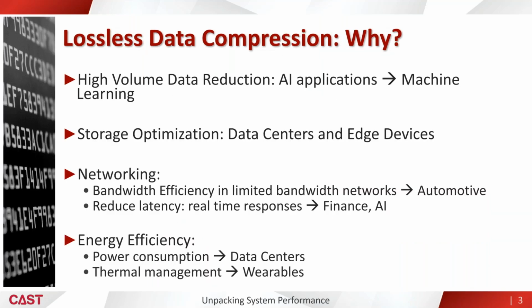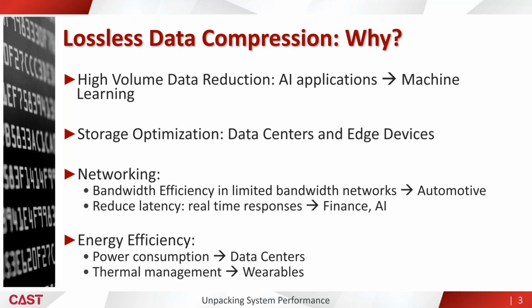So why do we use lossless data compression? Lossless data compression algorithms have always been used, but in the past they were niche applications, especially for big data centers and such. But lately we see a trend and a bigger need for such algorithms because of the trend of AI applications, specifically machine learning, where we have the need to process huge volumes of data.